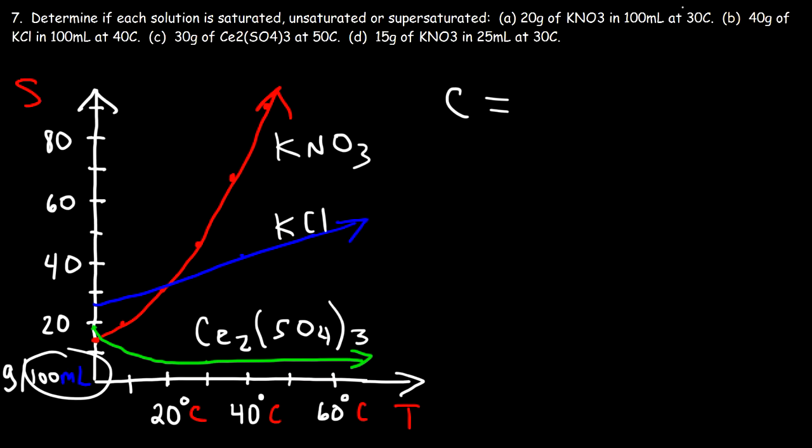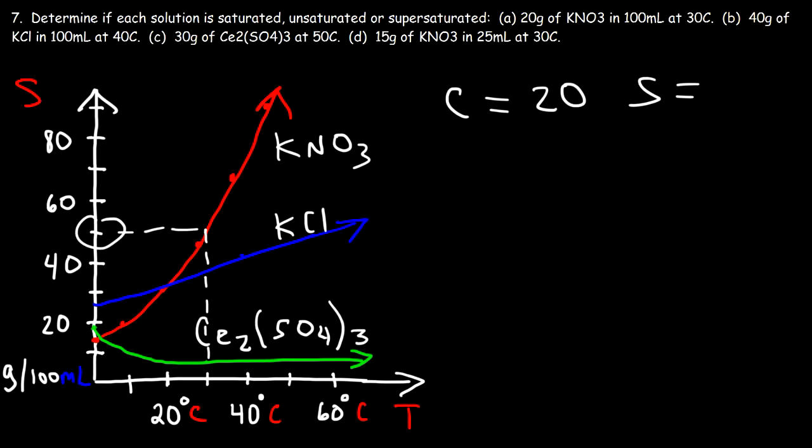And since the volume is the same, I'm just going to compare the masses. So the concentration is 20. The solubility, we've got to find out what that is. So KNO3 is the red line, and at 30 degrees Celsius, that's going to correspond to a solubility of approximately 50.